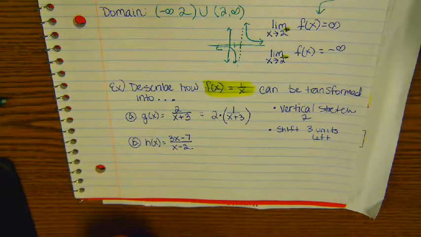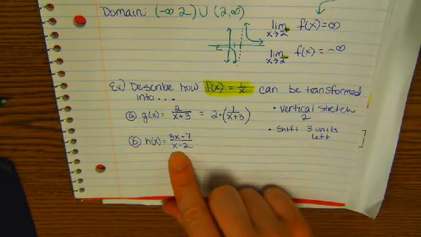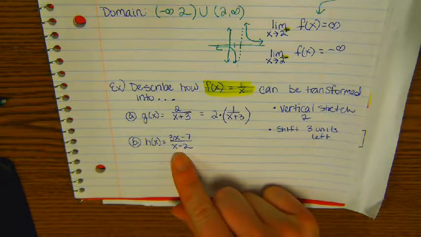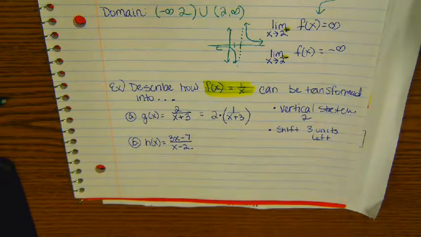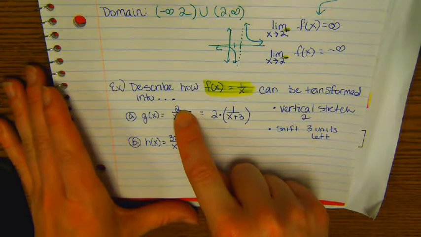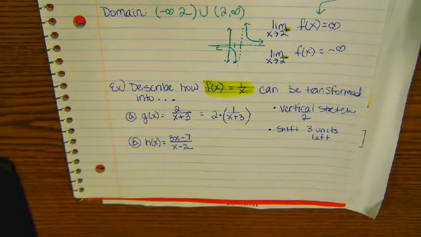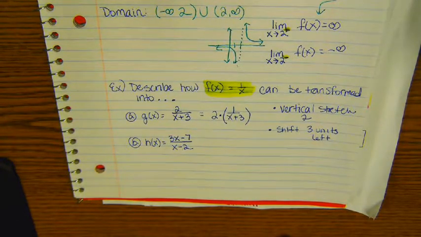All right, what about this next one? I mean, we see this x minus 2 here, right? So we're thinking it's 2 to the right, but we have a lot going on up here. So I'm going to show you when there is an actual function on top. What we do is we go back to division.